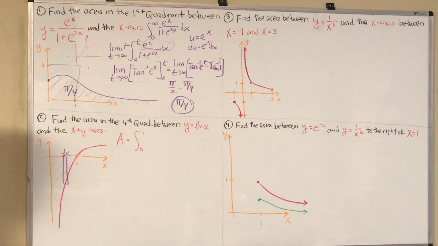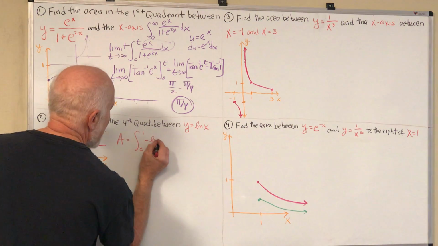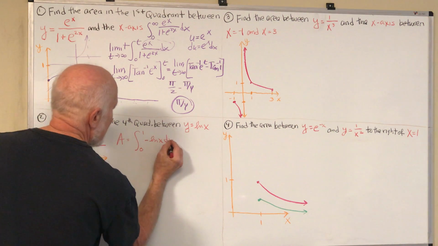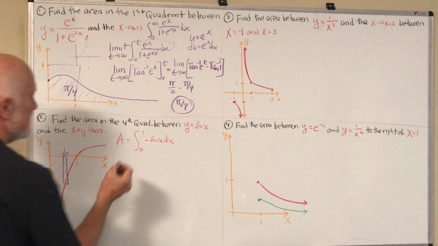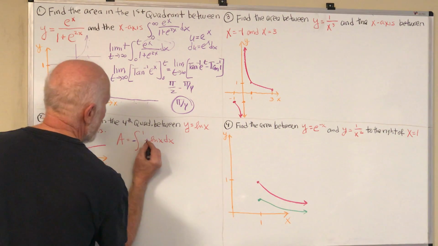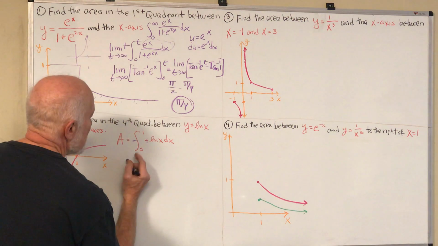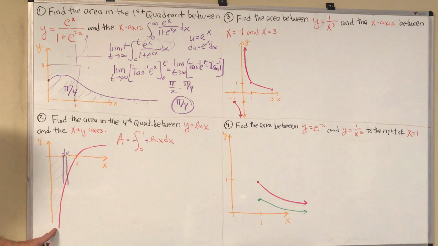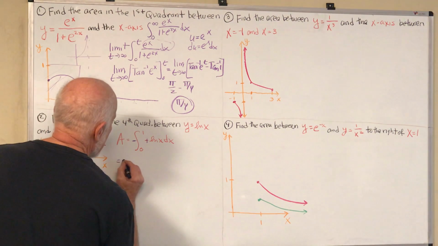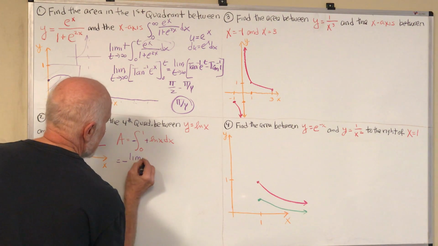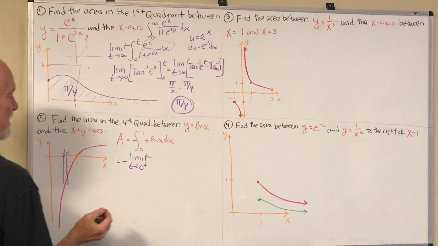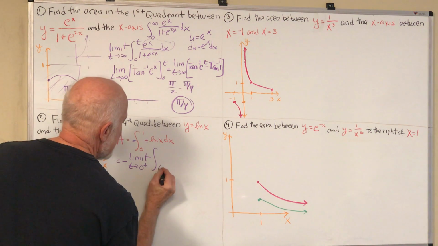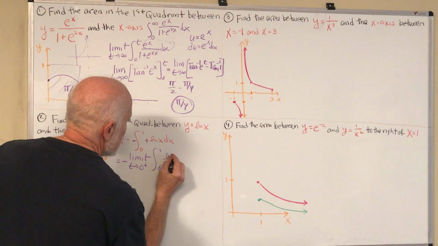Since it's negative, it's going to be minus the natural log of x, and the width is dx. And you could take that minus sign up front, and we could make this proper. It's improper now because the natural log of 0 does not exist. So what we have to do is make it minus the limit as t approaches 0 from the right again of the integral from t to 1 of the natural log of x dx.